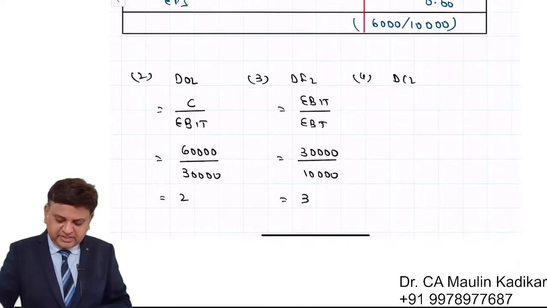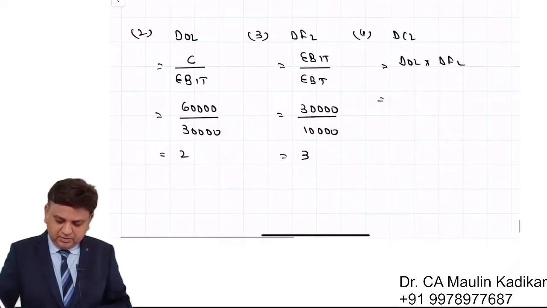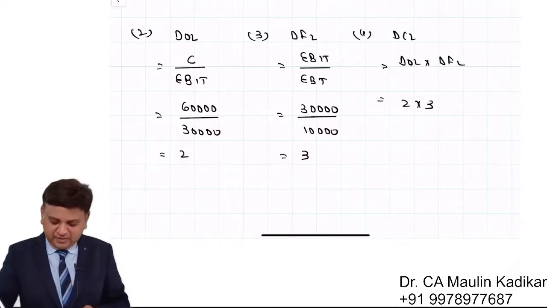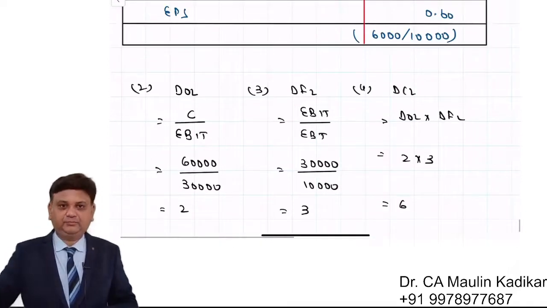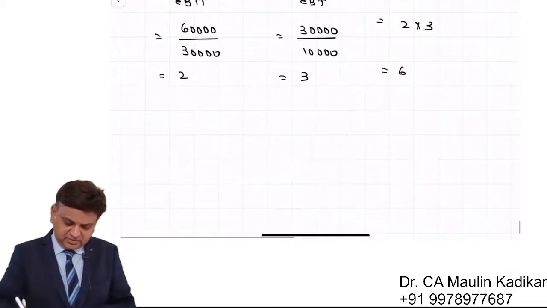Fourth question, DCL. DOL into DFL. So 2 into 3. Because there is no preference dividend, the DFL formula is simple to apply. So the answer is 6. Next.